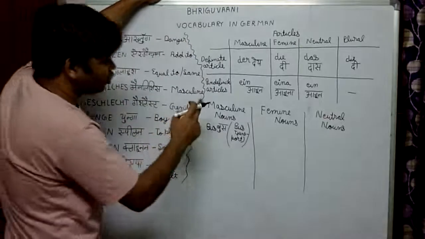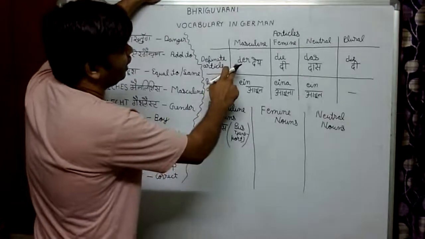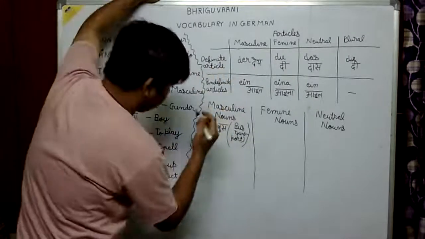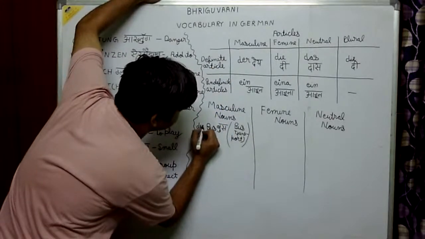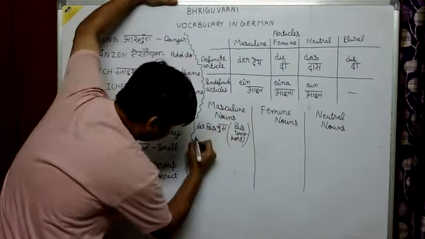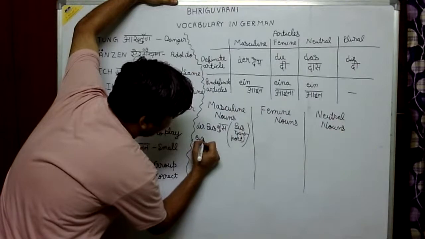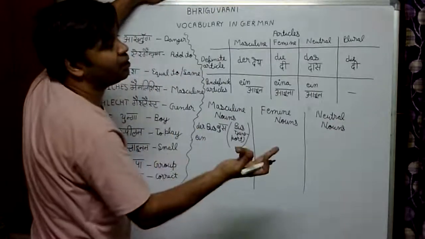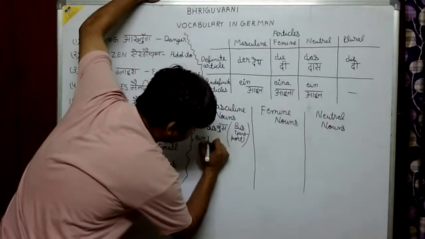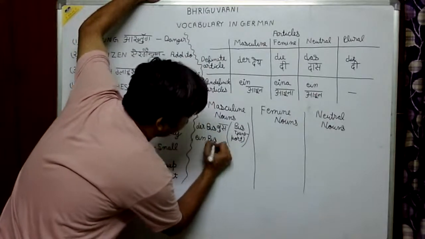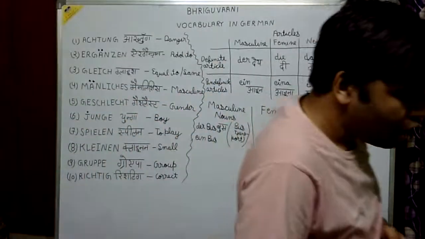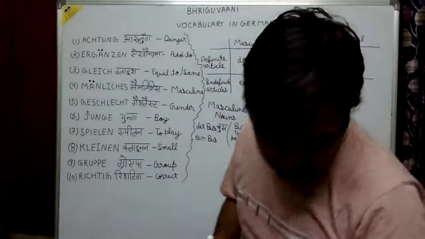For masculine gender, if it's definite, we say "der Bus", or if it's indefinite, we say "ein Bus". Sorry, I was saying the wrong thing. It should be der Bus or ein Bus.